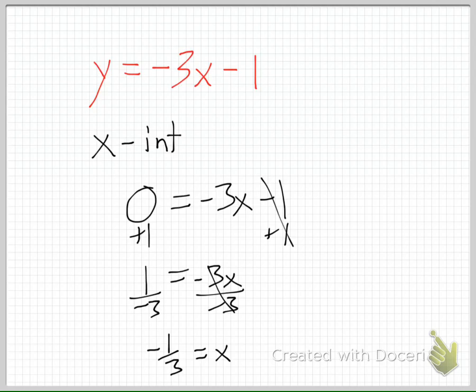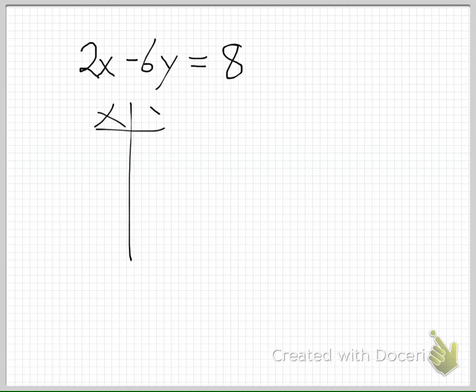If I have an equation that is in standard form, and I want to use a t-table, can I use a t-table to solve it? Yeah. But if I use a t-table, if I plug in a value for x, say x is 0, then I'm going to have 2 times 0 minus 6y equals 8.